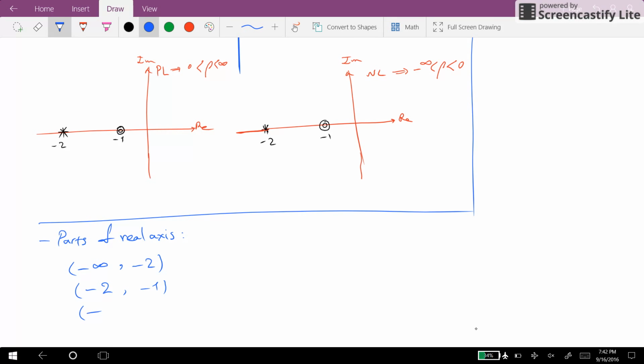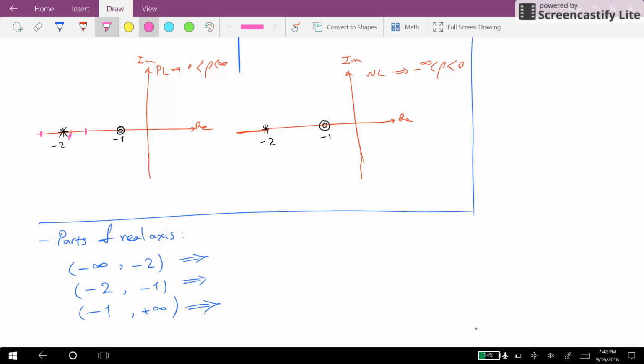And the third section is from minus 1 till plus infinity. We can see that in all cases, we have an even number of poles and zeros on the right hand side. So for example, if I pick a point in this region, we have two poles and two zeros. In total, we have 4 poles and zeros on the right hand side of the test point, which is an even number. As a result, it belongs to the negative locus.